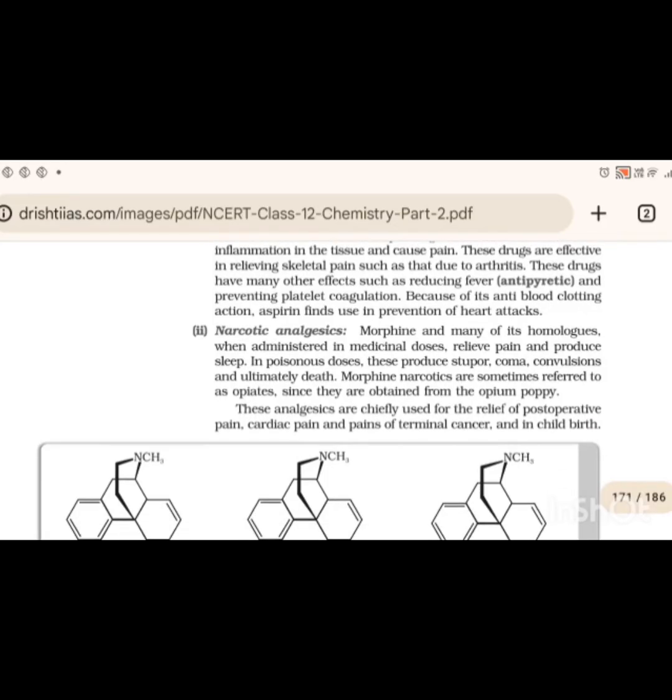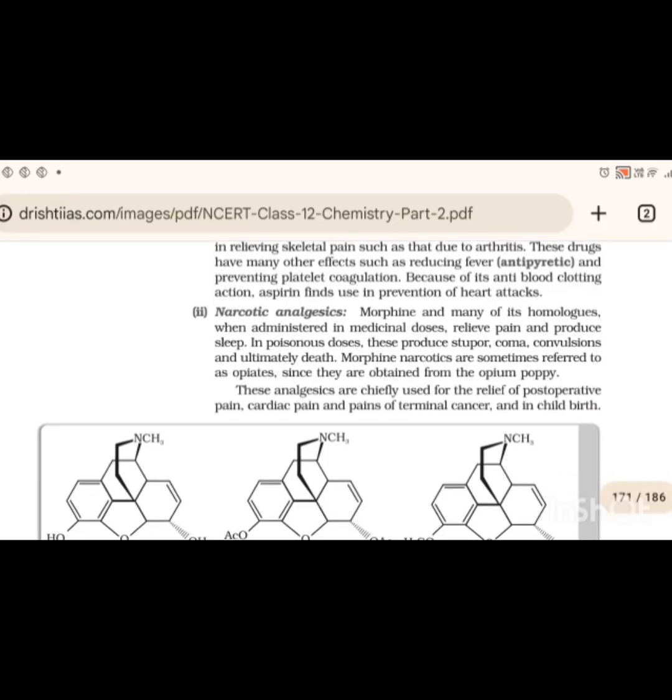These drugs are effective in relieving skeletal pain such as that due to arthritis. These drugs have many other effects such as reducing fever (antipyretic) and preventing platelet coagulation. Because of its anti-blood clotting action, aspirin finds use in the prevention of heart attacks.